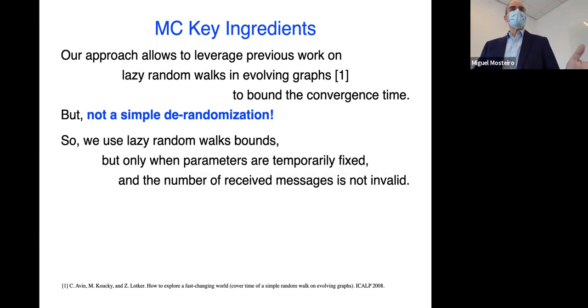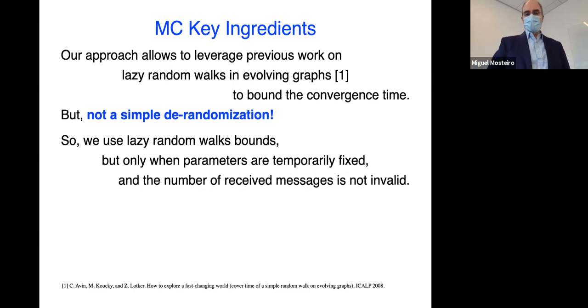With that estimate of the network size, we compute the bounds on lazy random walks. And if it is correct, meaning if the estimate of the size is actually n, we reach convergence of these values. But if it is incorrect, we need to detect it somehow.